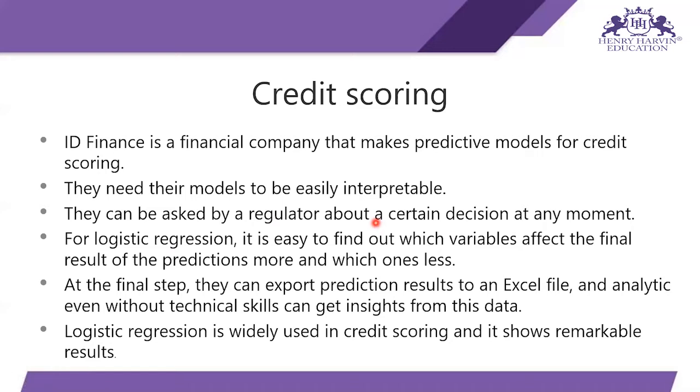With logistic regression, it is easy to find out which variables affect the final result of predictions more and which ones less. At the final step, they can export prediction results to an Excel file, and analysts, even without technical skills, can get insights from this data.